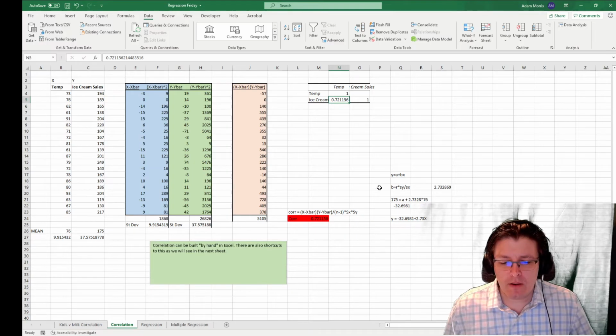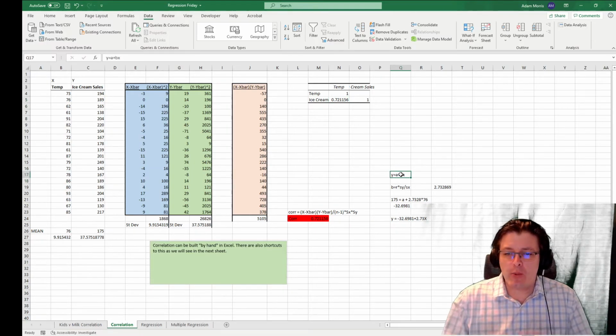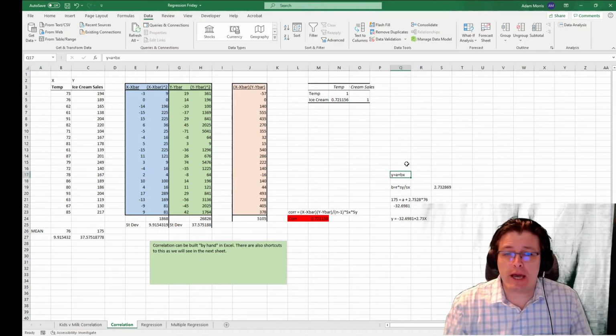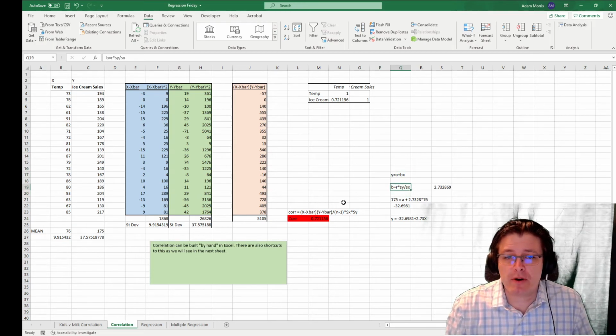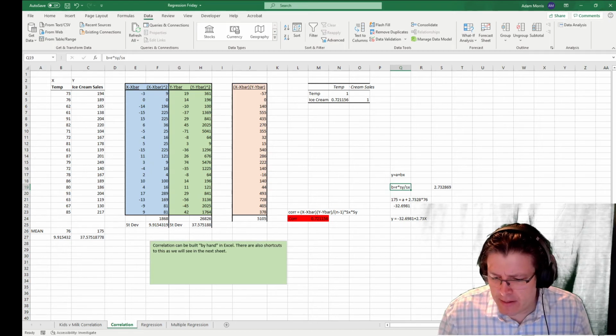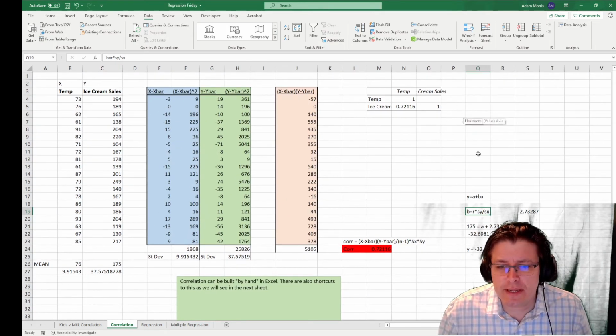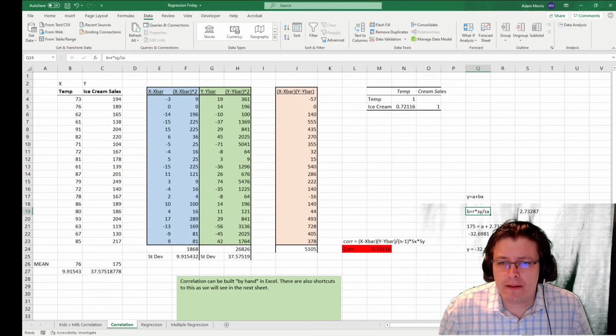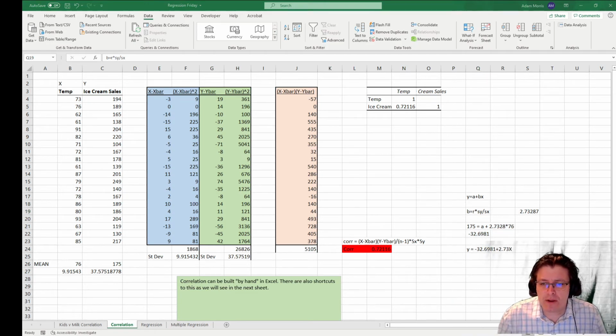And what I want you to see here is now we can do the regression based solely on what we've done. Okay, so remember, B is simply R times SY divided by SX. I'm very zoomed out, I apologize for that. We can zoom in here a little bit. Okay, so what we're after is this regression equation.